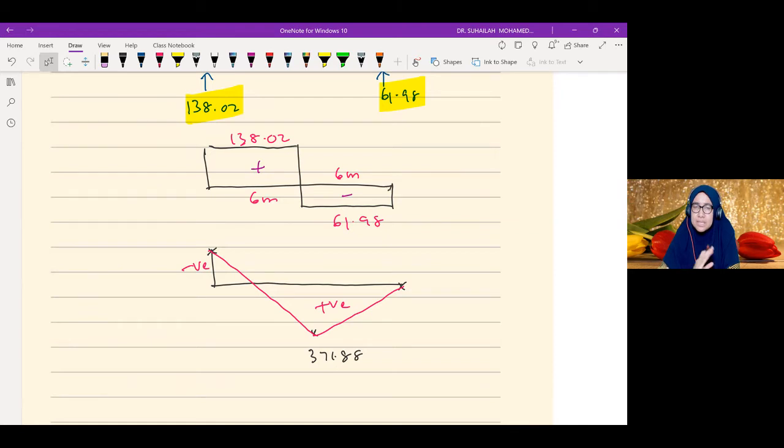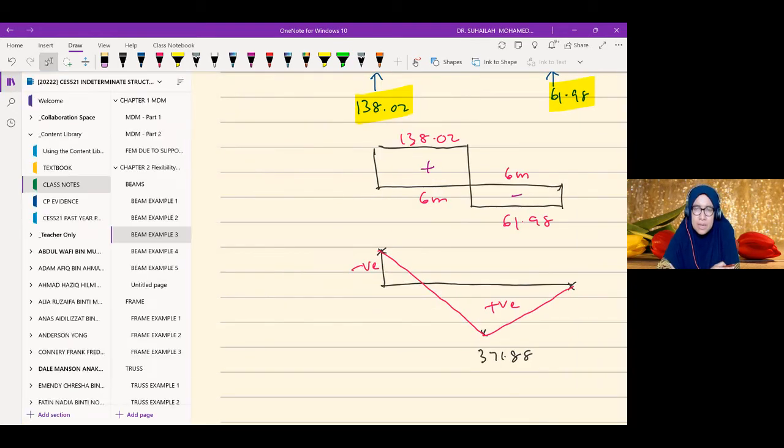So this is the same beam. I just change the loading, the length, and I put the support settlement, and this is how we analyze support settlement in beam 1 redundant. Okay, move to beam example 4.